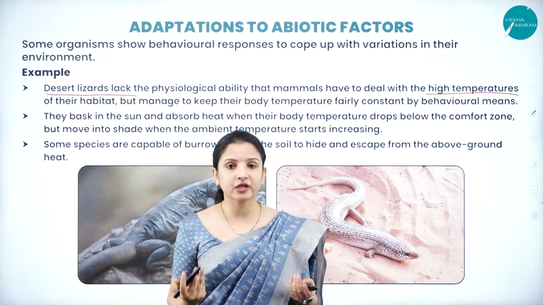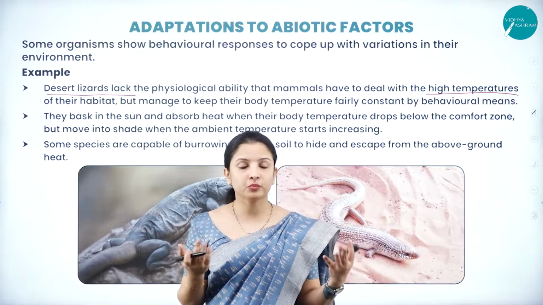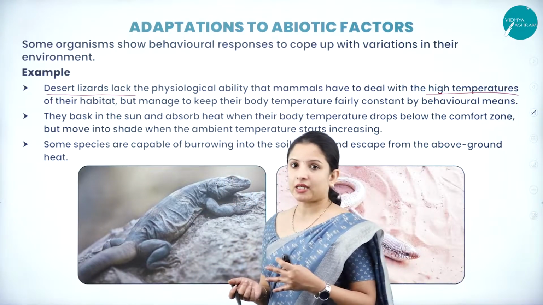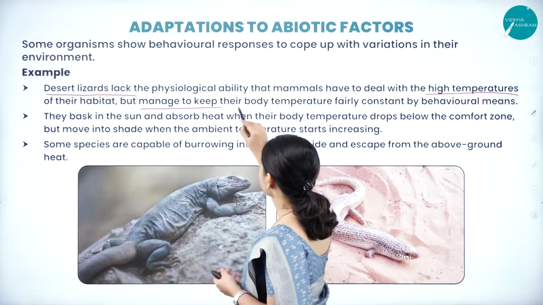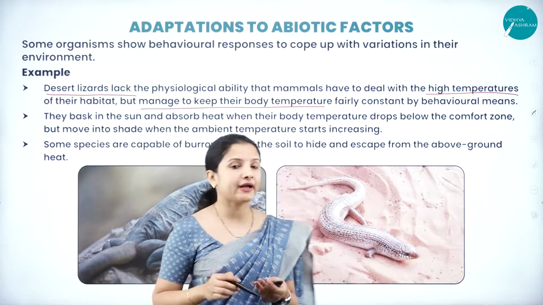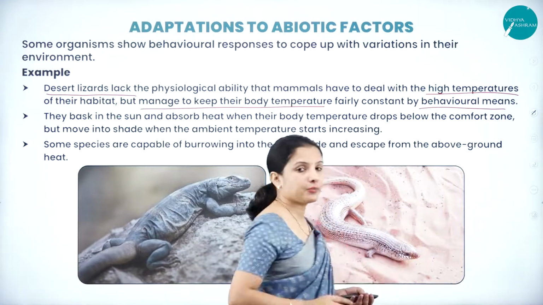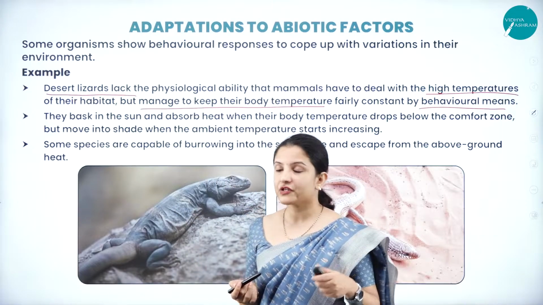They are not capable of regulating their body temperature like how other mammals, like we human beings, can do. So how do they survive in their habitat? These desert lizards manage to keep their body temperature by undergoing some behavioral adaptations. What are those? We shall see.